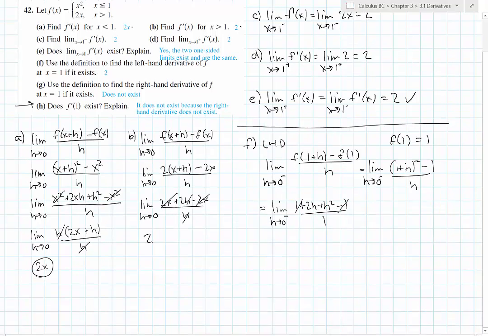The 1's cancel. I can factor out an h out of the numerator, these h's cancel, and I end up getting 2.